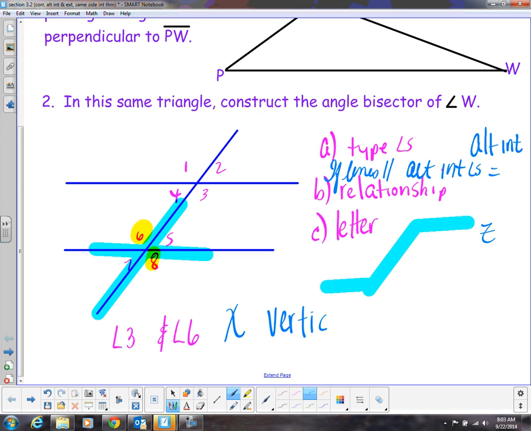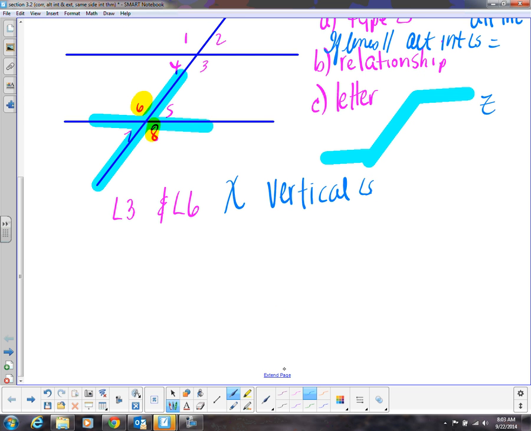Vertical angles. And if you downloaded that spreadsheet, what's the justification for vertical angles? Vertical angles are equal or congruent, whatever you so choose.